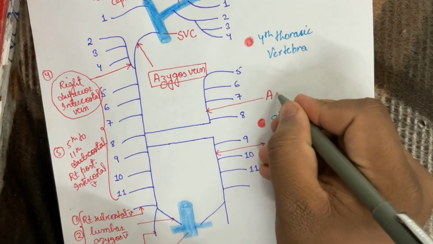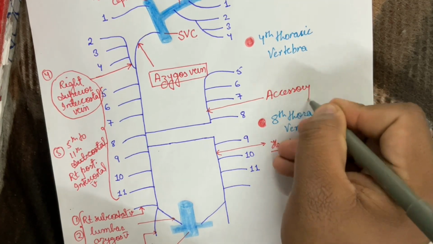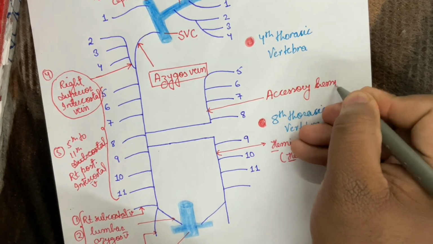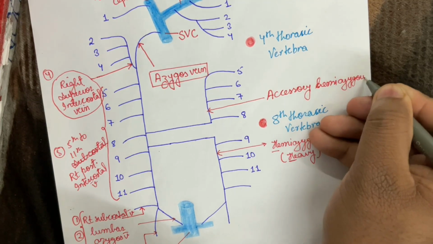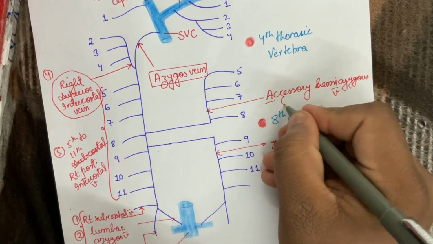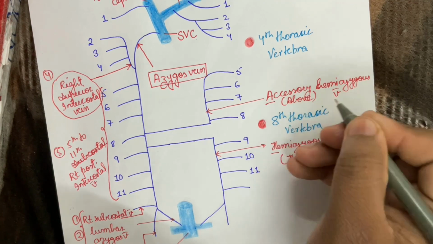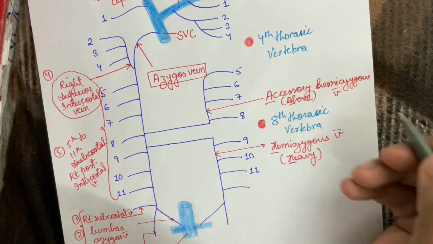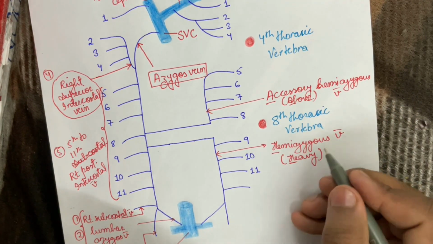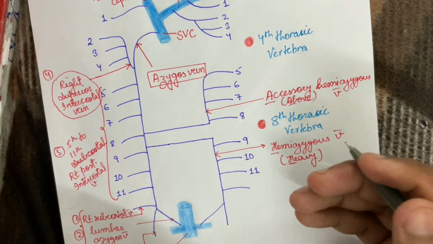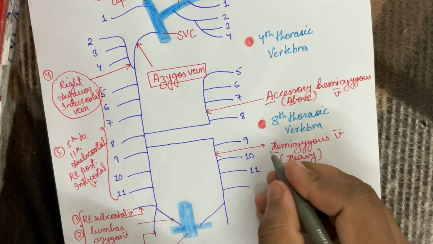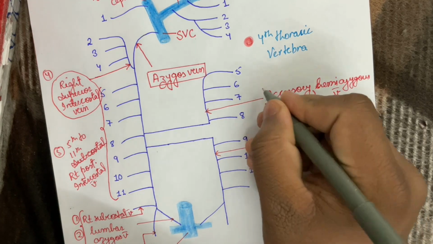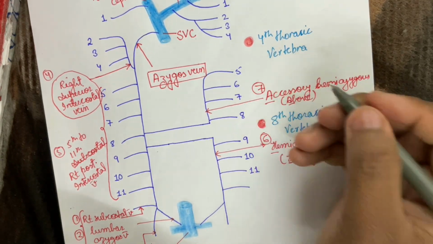The accessory hemiazygos vein: A for above. The accessory hemiazygos vein is present above. This is the 6th, and this is the 7th.